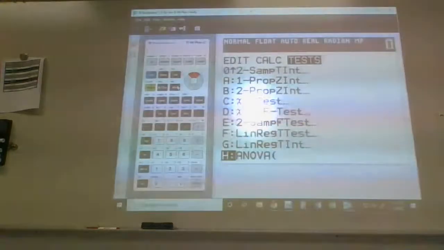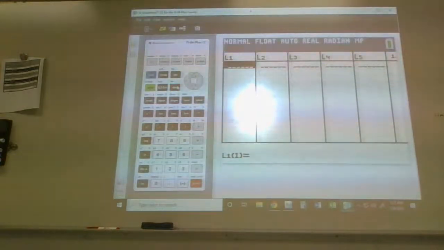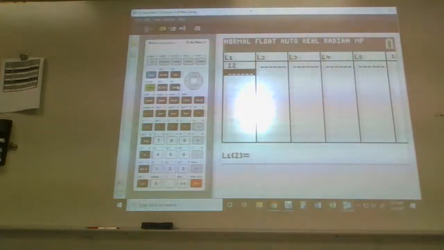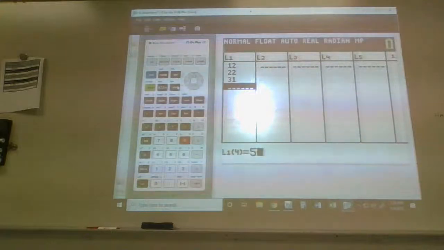On your calculators, everybody hit stat and edit, get to that list. And we're going to be entering in some data. Let's enter in 12, 22, 31, 59.